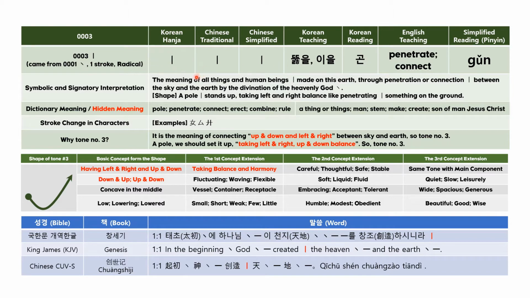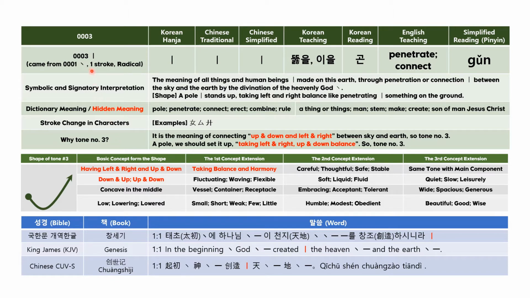This character is the same in shape in Korean Hanja, Chinese traditional, and Chinese simplified. This character means to penetrate or to connect. The pronunciation is guan, just like this, having tone number 3 value.